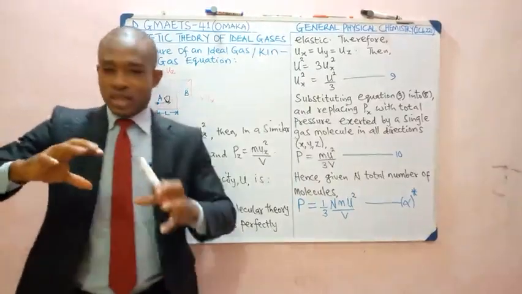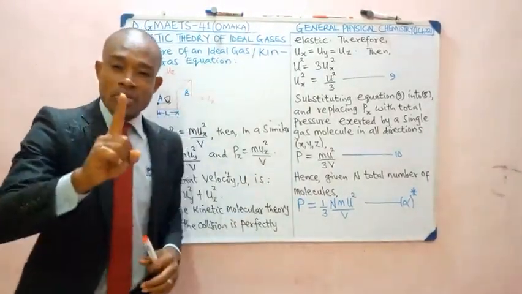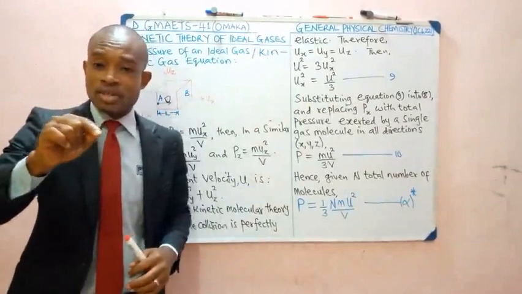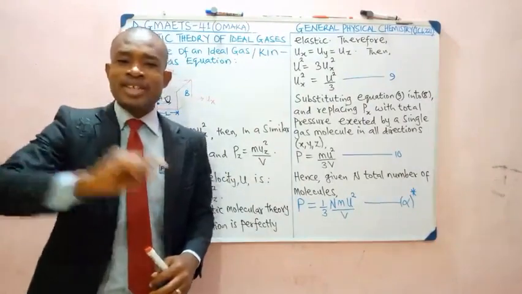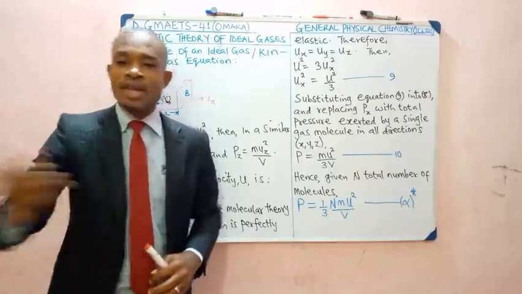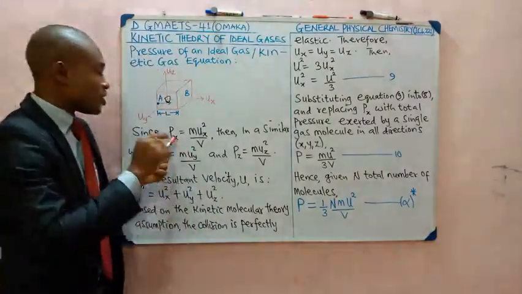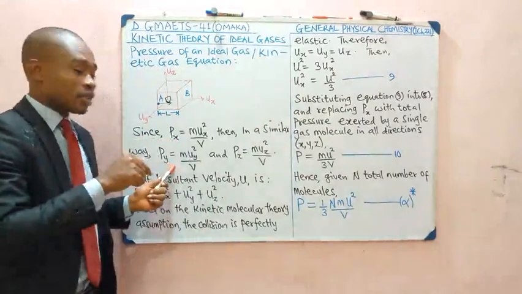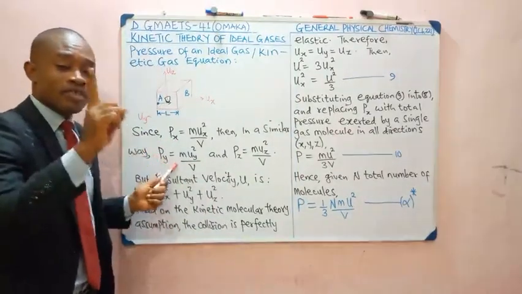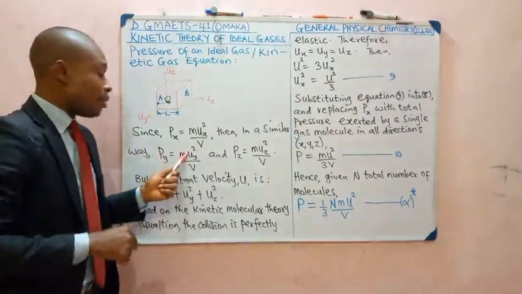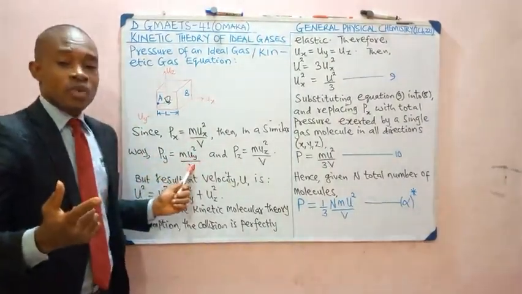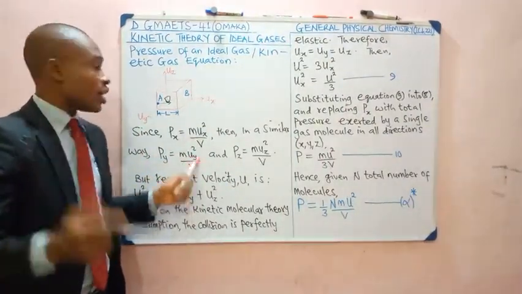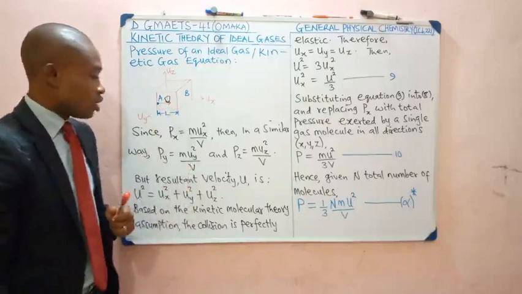Now, we actually analyzed what happened to mass of one molecule, the pressure it generates just in x direction. The same pressure is generated in other directions, y and z. So we can write a similar equation for the y direction, that the pressure exerted by mass of one molecule in y direction is m u squared y divided by what? V. Where V is the volume, once again, of the containing vessel Q.